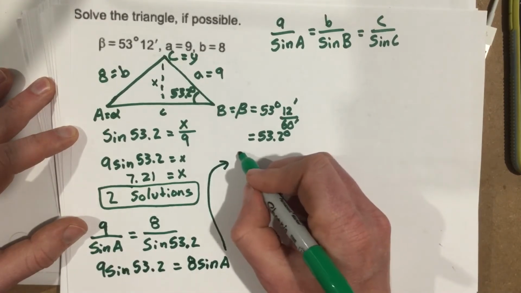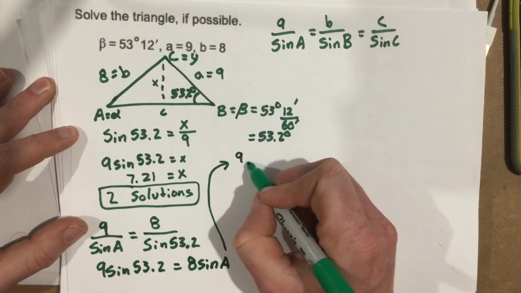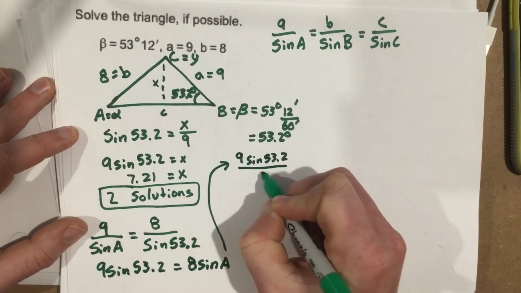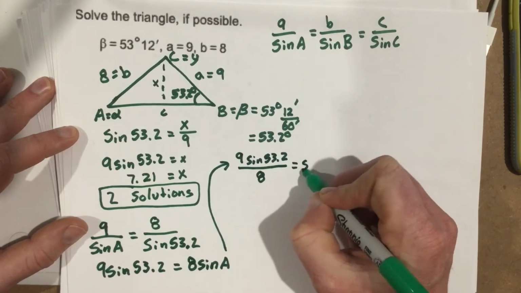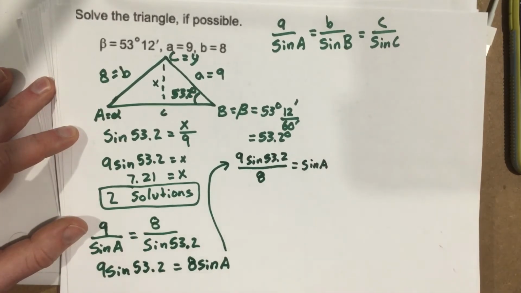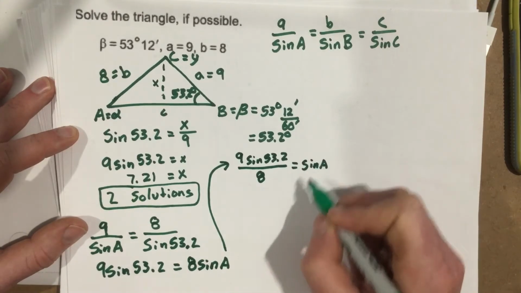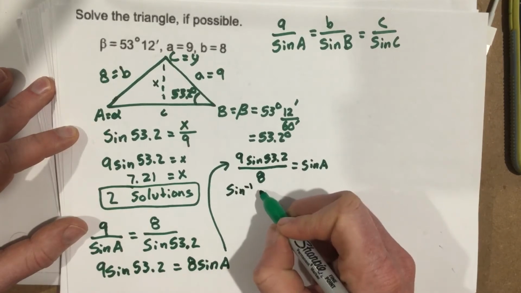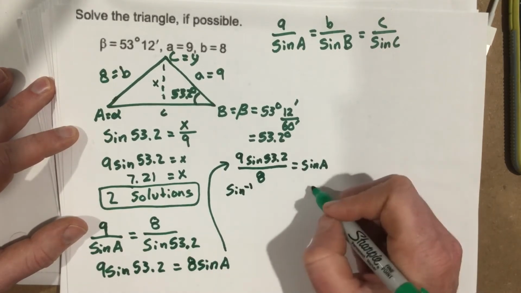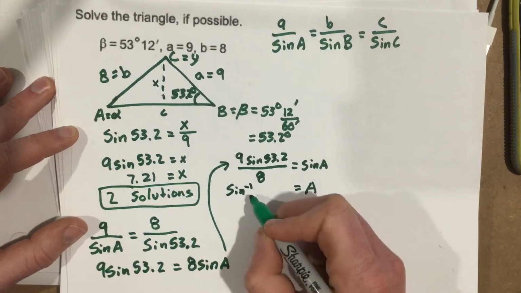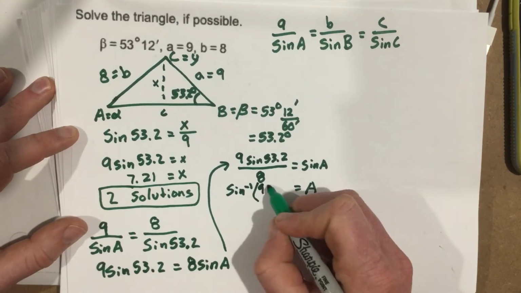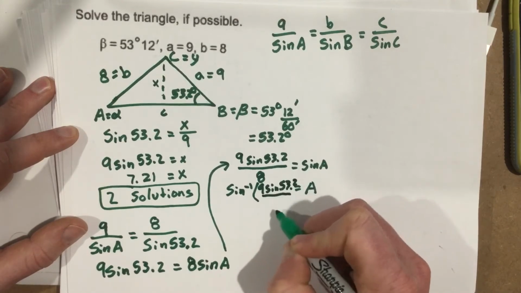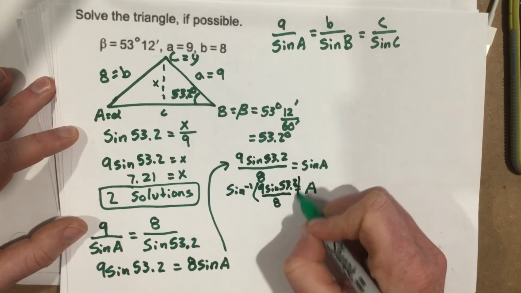So we end up with 9 sine 53.2 divided by 8 equals sine A. And then we're going to do the sine inverse. And when we do the sine inverse, we'll end up with A equals the sine inverse of 9 sine 53.2 divided by 8. I kind of scrunched that together, sorry.